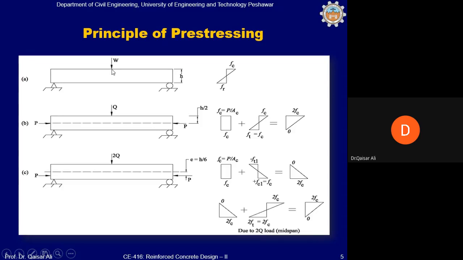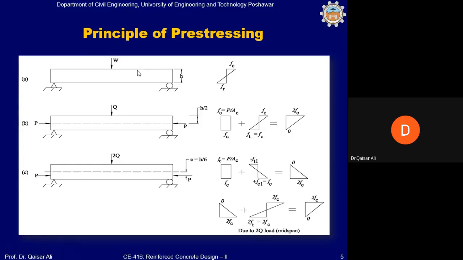As you move from the midspan towards the support, the flexure stress keeps decreasing till it becomes 0 at the support, because the bending moment is 0 at the support. In this way, you can plot the flexure stress variation through the depth of the beam at any desired location, provided you know the bending moment from the bending moment diagram.